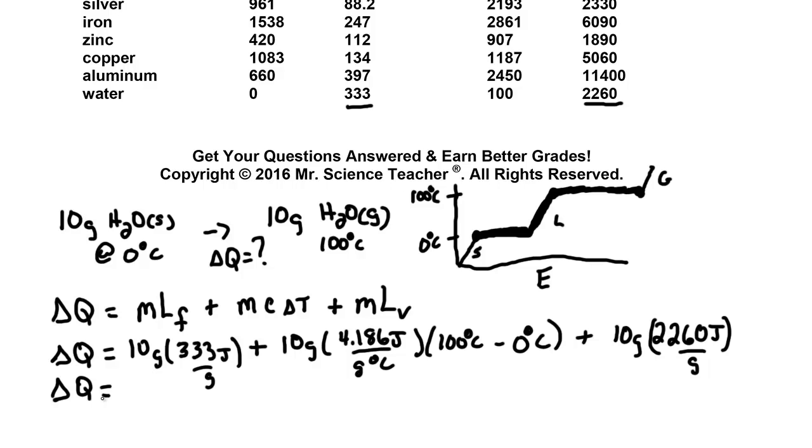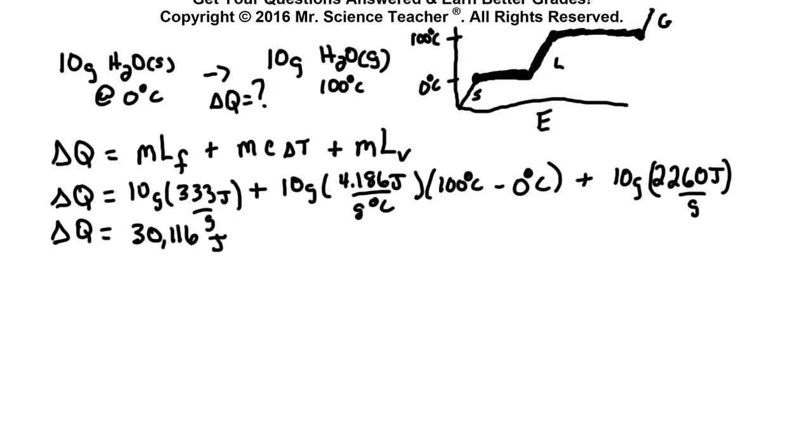And we get 30,116 joules. So if I have 10 grams of solid ice and I want to go to 10 grams of water vapor, it will require me to add 30,116 joules of energy.